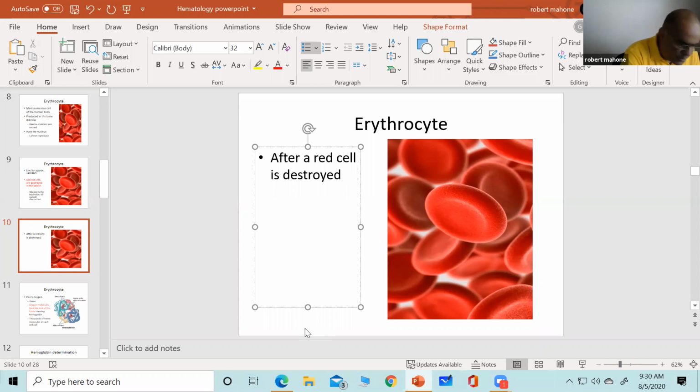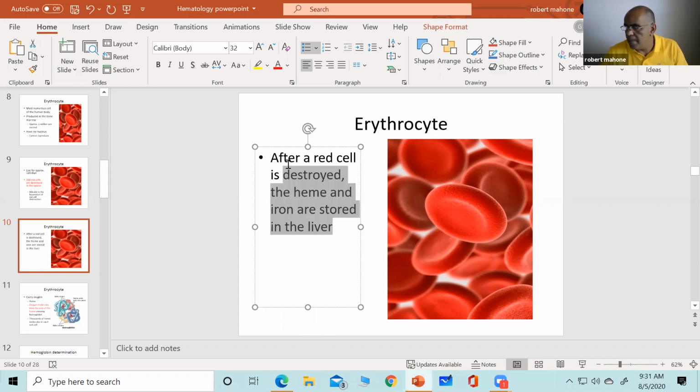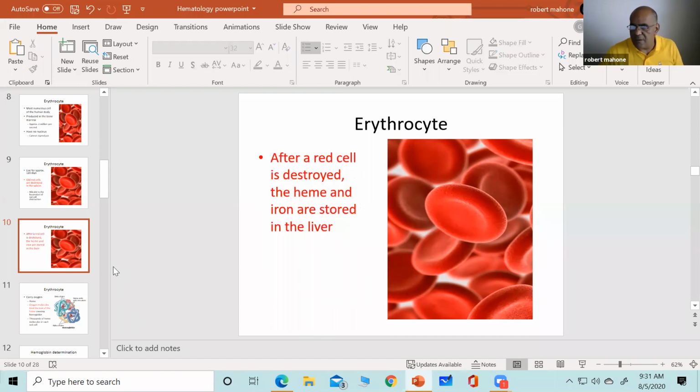After a red cell is destroyed, the heme and iron are stored in the liver. And again, I'll send out an update of this when we finish.